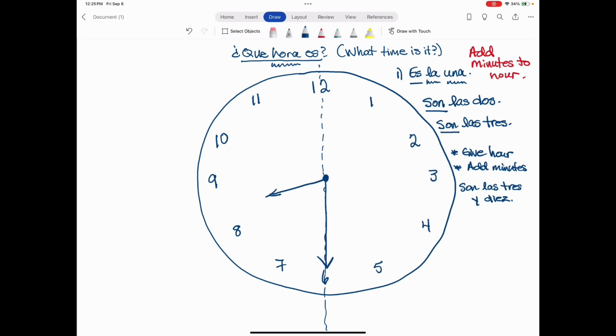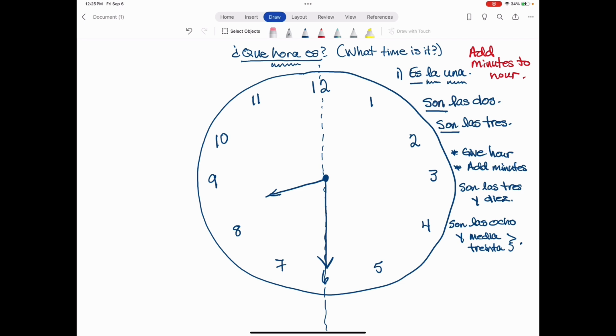So you will say, son las 8:00, and now you have two choices. You can say y media to mean a half hour, or you can say y 30 to say 30 minutes. Either of those two options is absolutely fine.